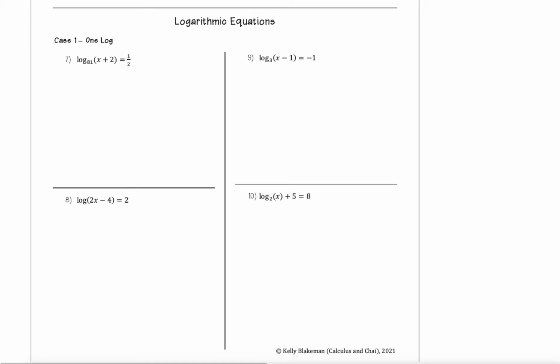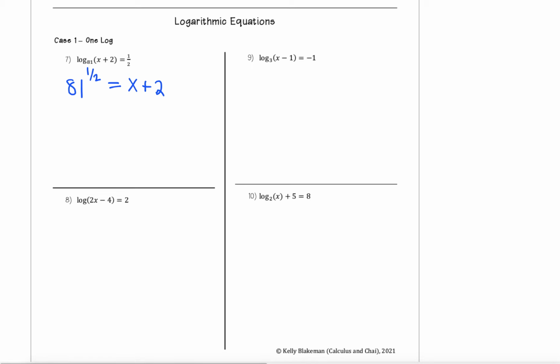So our base in our log is 81, so that's going to be the base of our exponent. Our output to our log becomes our exponent, and that will be equal to our input on our log. So what we're using here is that conversion from log form to exponential form. What this allowed us to do is get the x, which was the input to the log, to be the output of the exponential, so we can isolate and get x by itself.